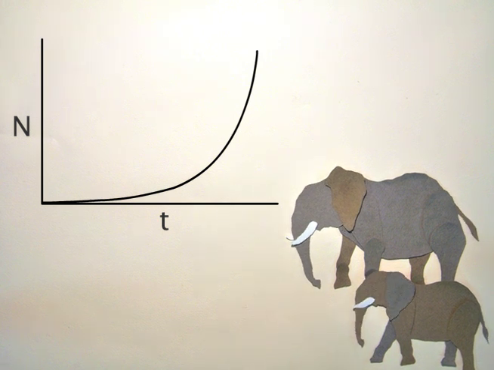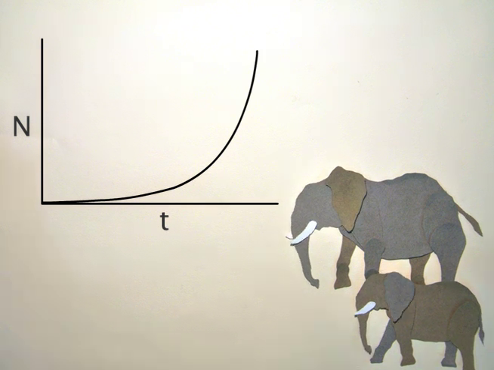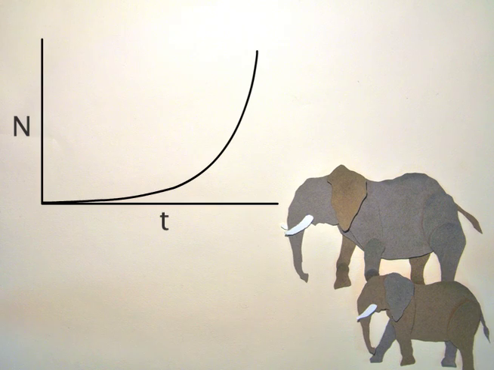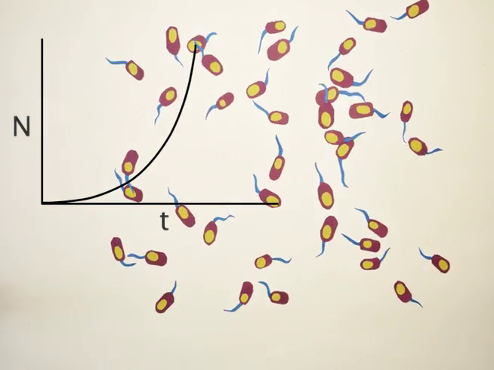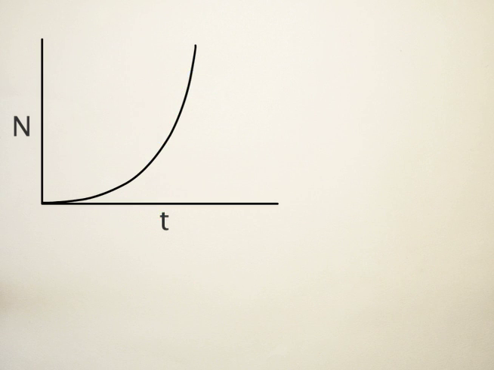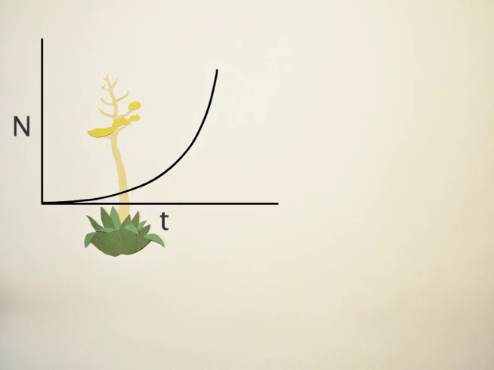If you think about population growth, you will notice different populations have different values of R. Some species, like bacteria, have really high R. Other species tend to have lower R, like the century plant.